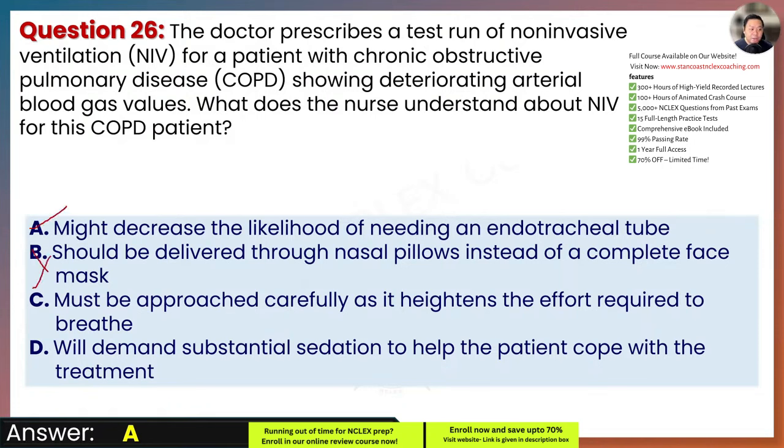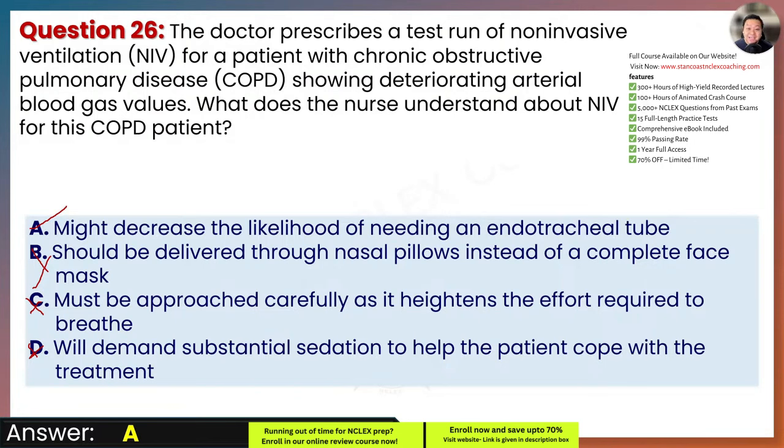Now, what about letters B, C, and D? These are all incorrect. Why is letter B incorrect? Should be delivered through nasal pillows instead of a complete face mask. Well, this statement is misleading because NIV delivery methods, whether through nasal pillows or a complete face mask, are chosen based on patient comfort, the fit, and the clinical situation.